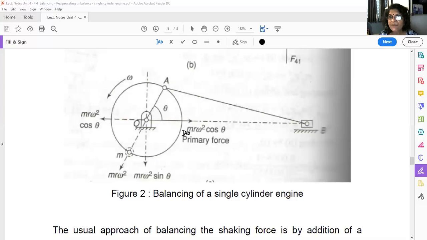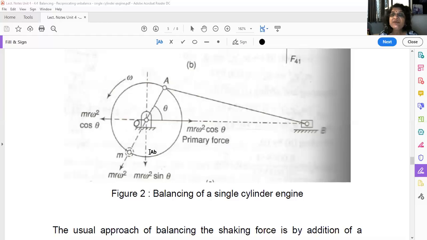So we have balanced Mr omega square cos theta. But what has happened? A new component has been created, Mr omega square sin theta, in the vertical direction, that is perpendicular to the line of stroke. So this component of unbalance will remain here. How can you remove this?